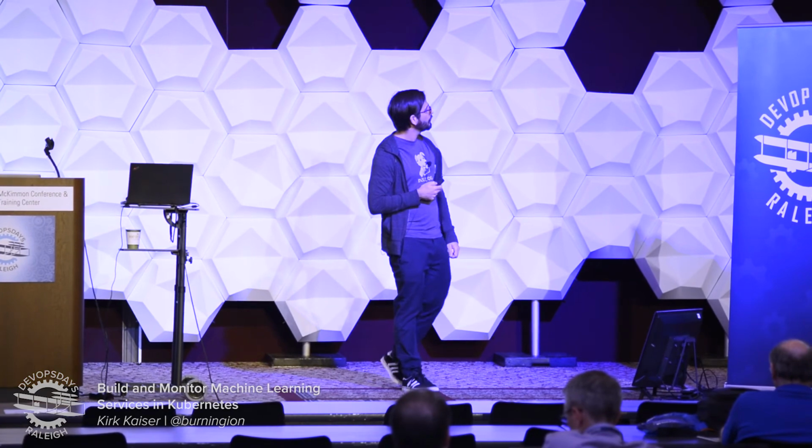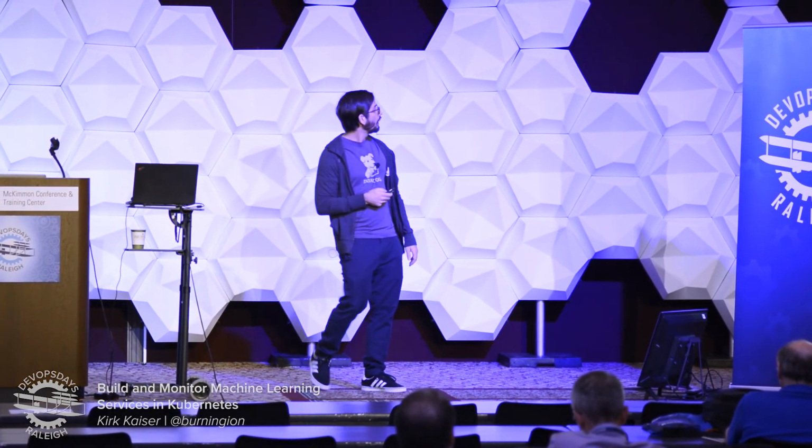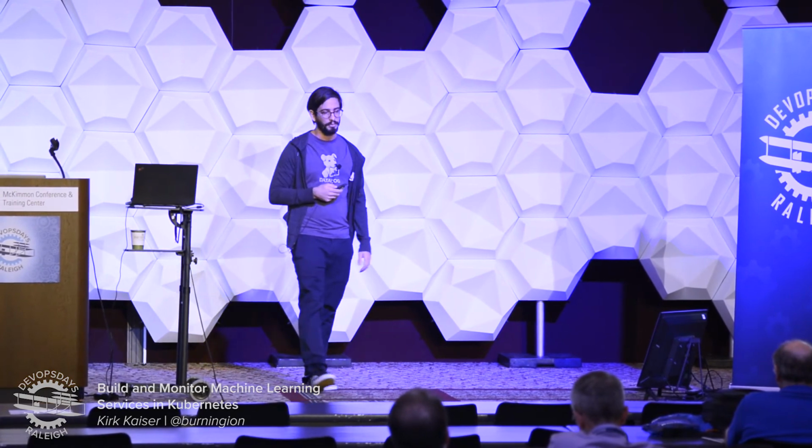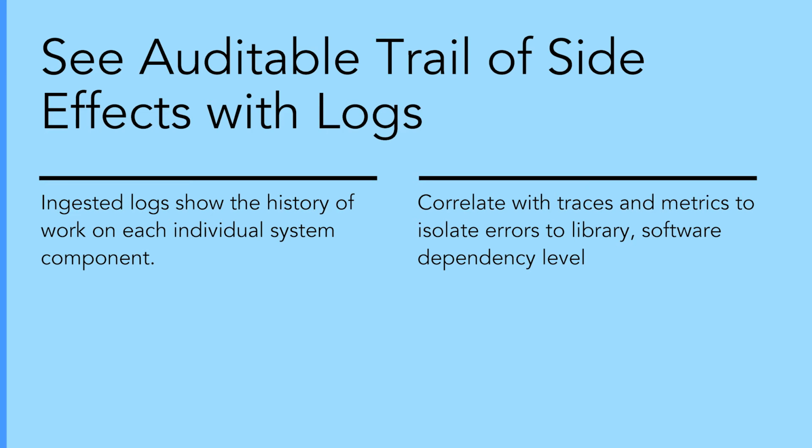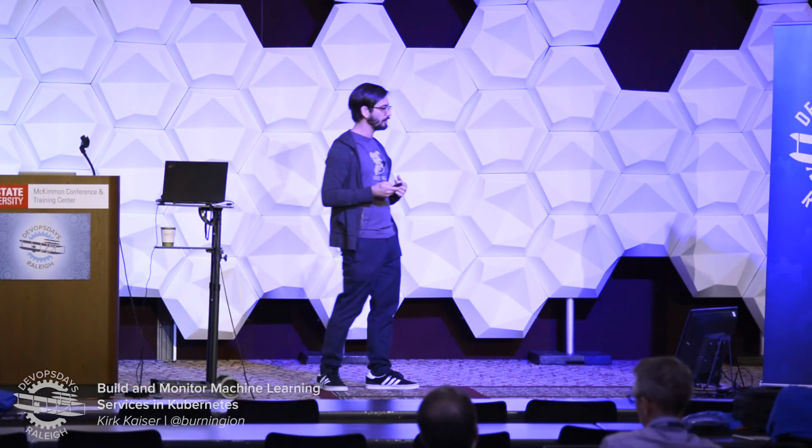You generate a secret, ship it. There's 2 YAML files. And then you start to see graphs of what's going on. I mentioned before the hardware encoder usage. You can see if the code you've written is actually utilizing the encoder, how much memory you're using, so you can see how many concurrent instances of your service you can have running at a time to max out your GPU usage.